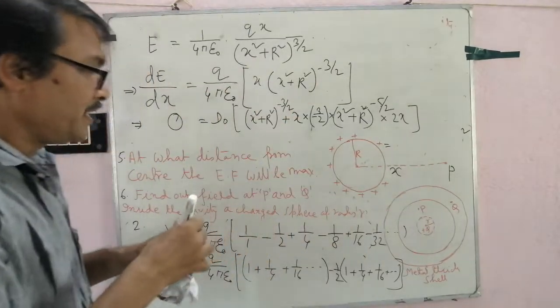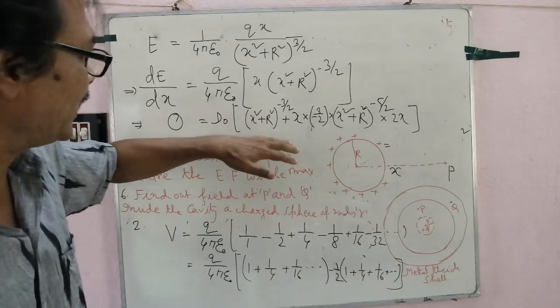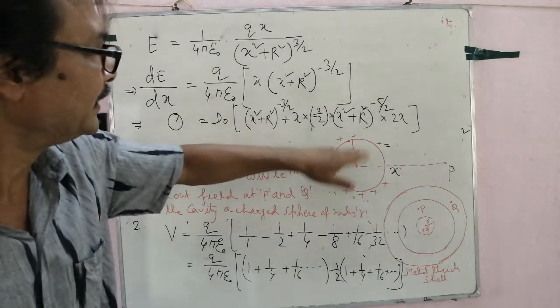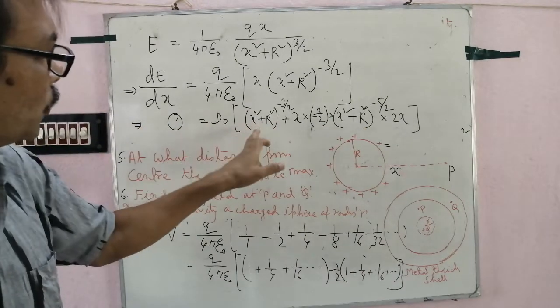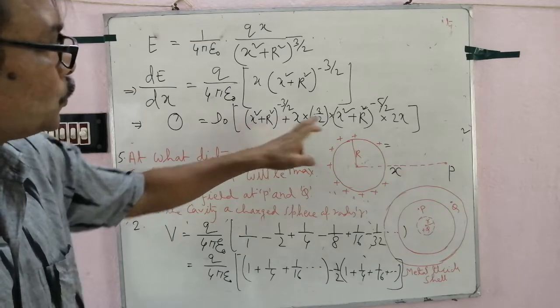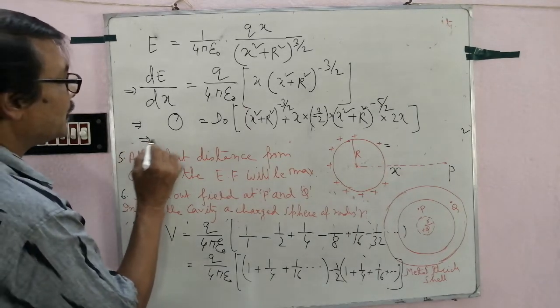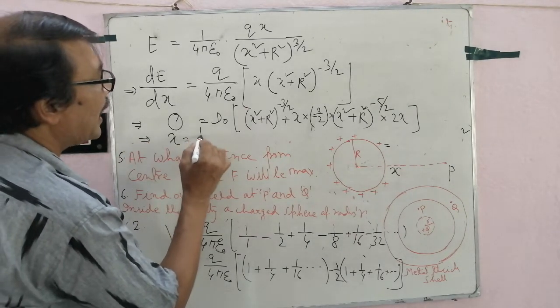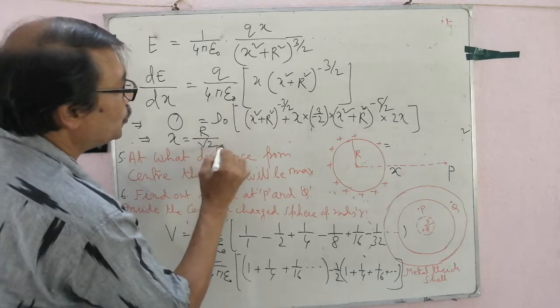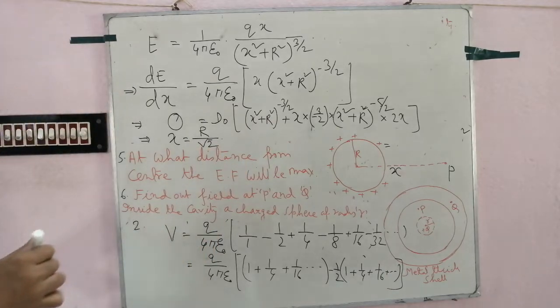Follow. Very simple differentiation. Okay, if we differentiate, we get this, and then take common (x square plus r square) to the power minus 5/2 outside. The result is x equal to r/√2. Okay, very important question.